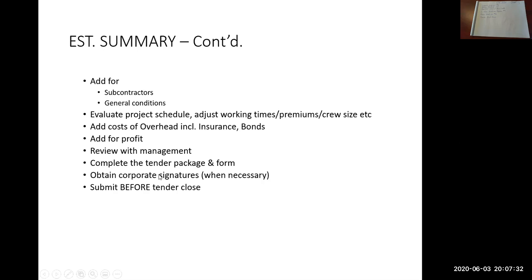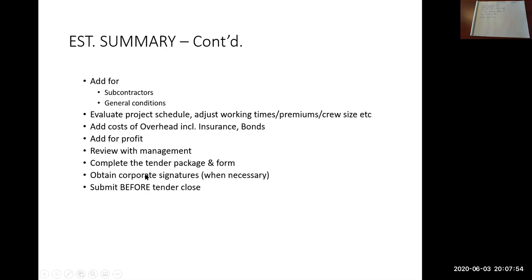You get your corporate signatures. So typically it's the owner of the company signs the tender document, and typically a seal is applied. You make sure you have your bid bond if the tender documents require it.